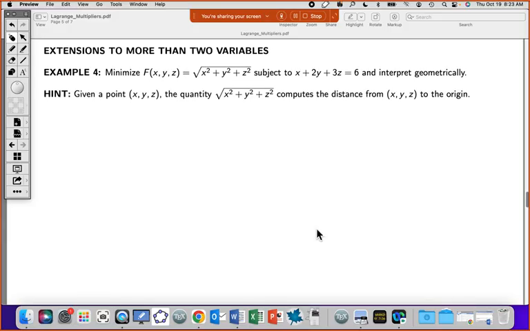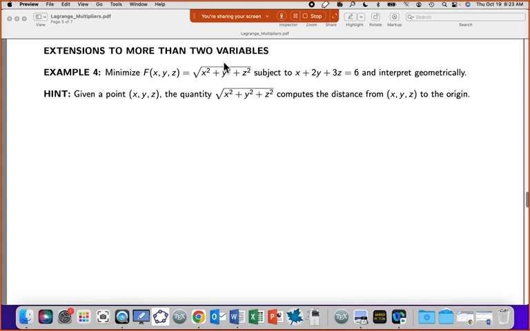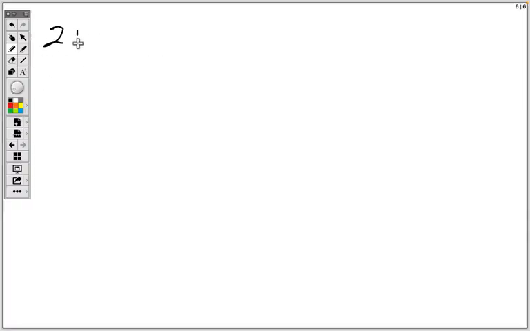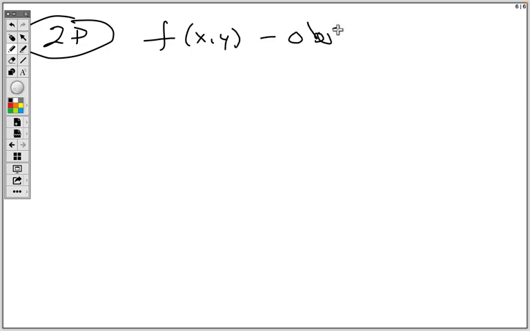All right, so what would happen if we had more than 2 variables? Once again, for two-dimensional things, you've got an objective function, and you've got a constraint.